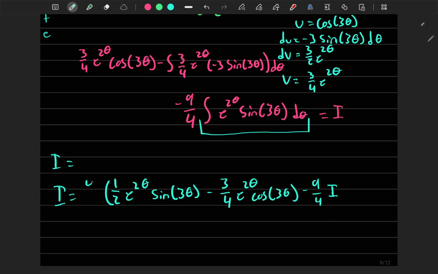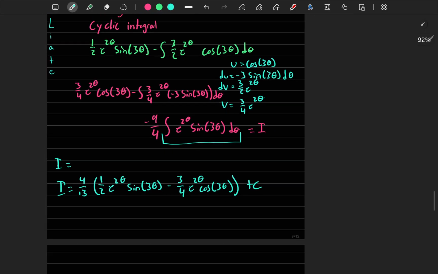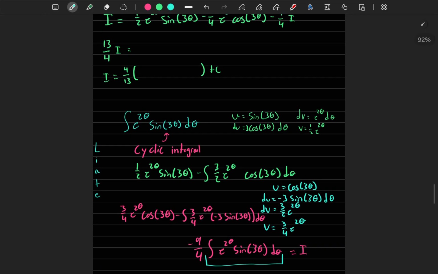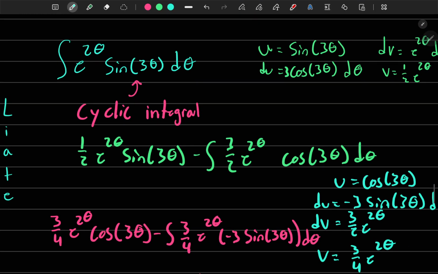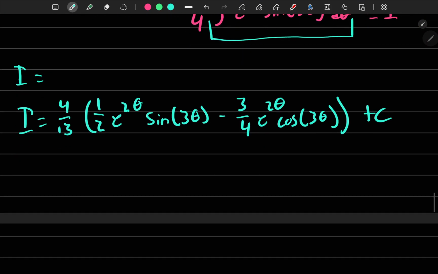I equals 4/13 times all of this we have right here plus C. And here we have our integral, or the integral of e^(2θ) sine 3θ dθ.